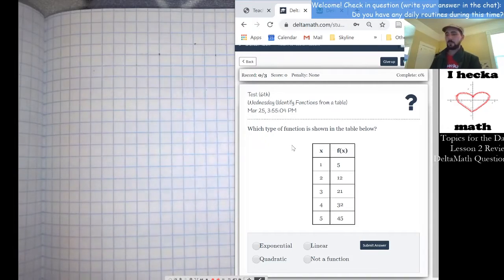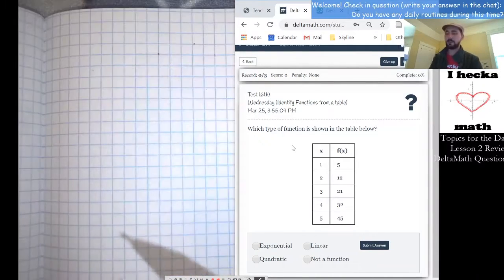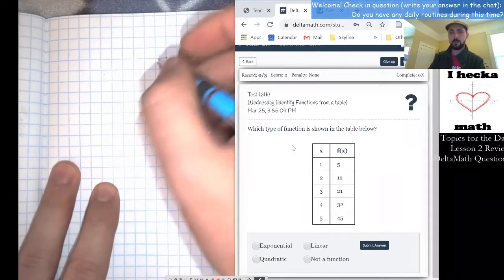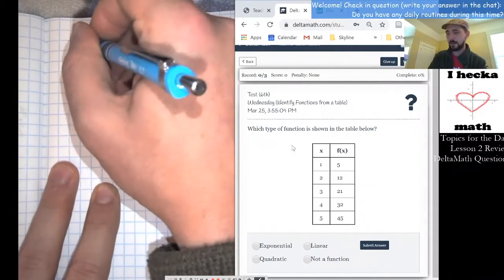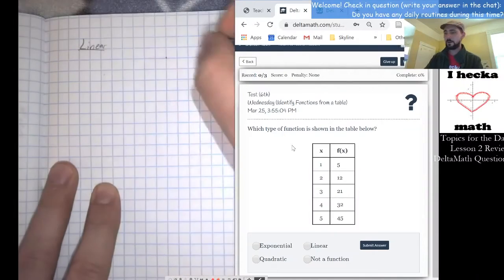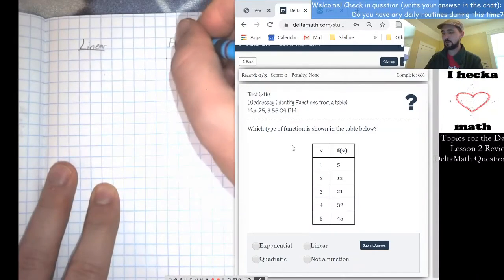To do this, I'm gonna be doing a little bit of math in my head so I know which example it's gonna be, but I'll go over the ones that we all go over. So what do we need? We need to find a linear example. We need to find an exponential example.